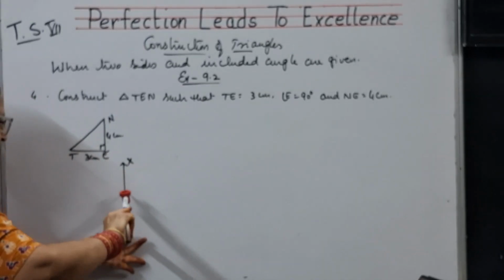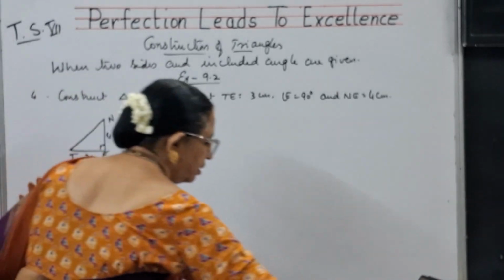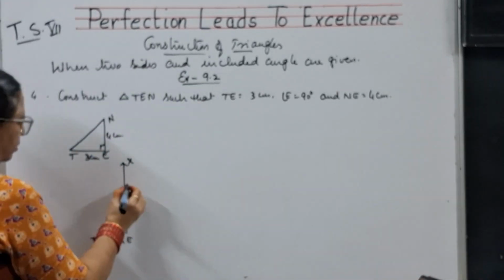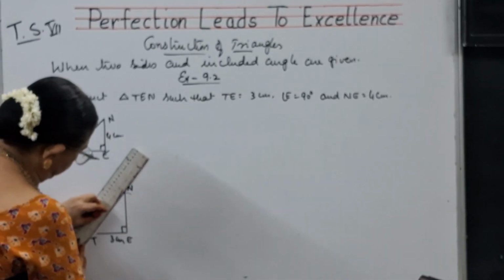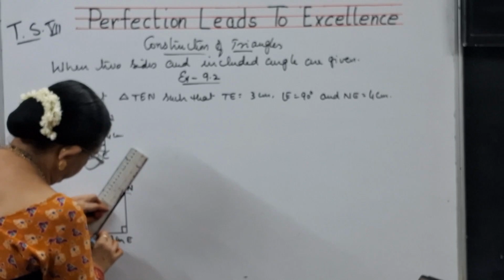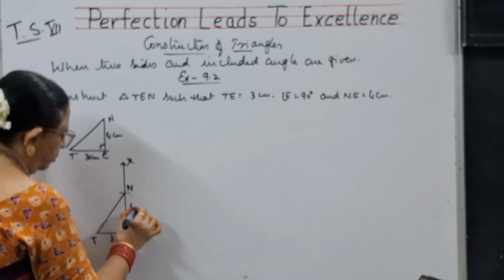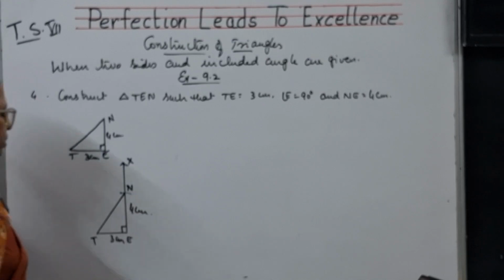E as center, draw 4 centimeters arc. That is N. Now you have to join N and T. This is 4 centimeters. This is the construction which you are going to get.